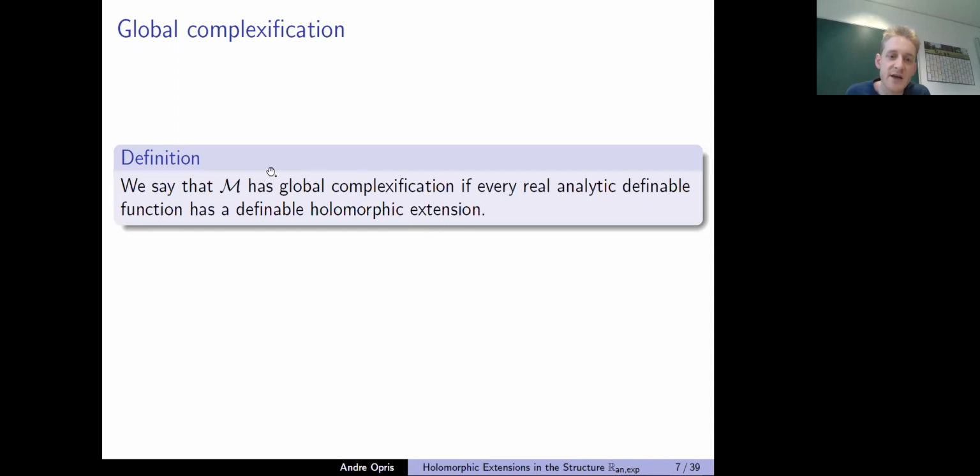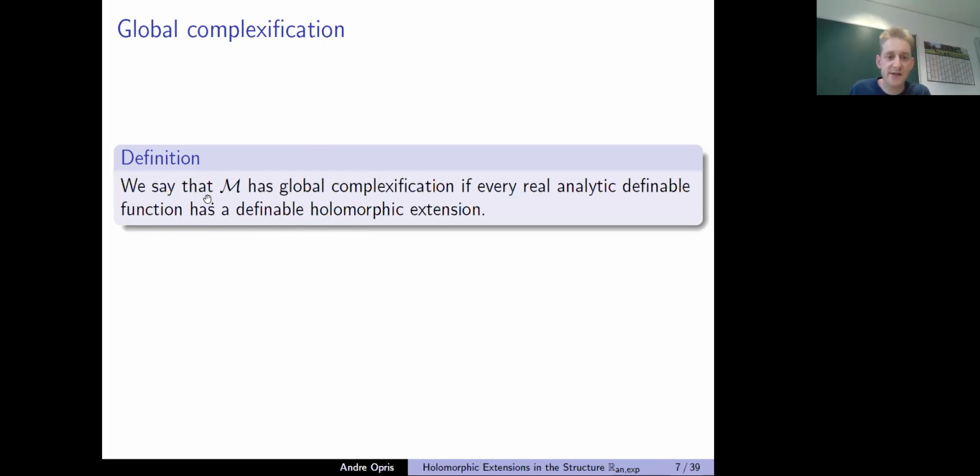So in this case, we find a holomorphic extension which contains the whole domain of a real analytic definable function and does not depend on any point of the domain, in contrast to the notion of complexification above. Clearly, if you drop this requirement of definability, then this would be a superfluous definition, since then every real analytic function has a holomorphic extension simply by taking the power series at the single points, including all of them together.